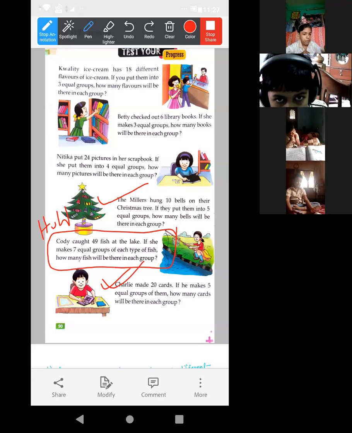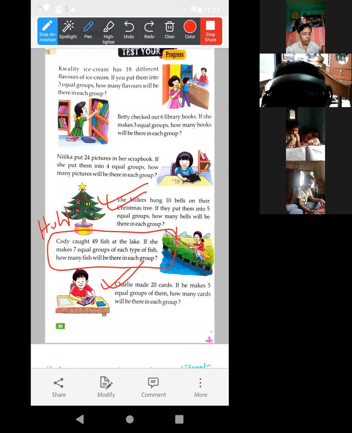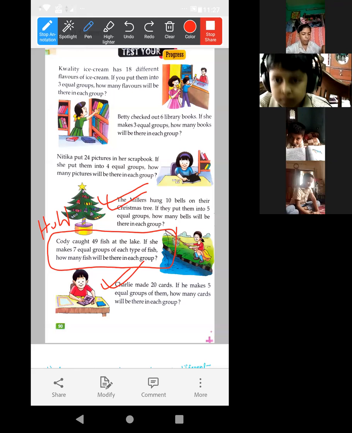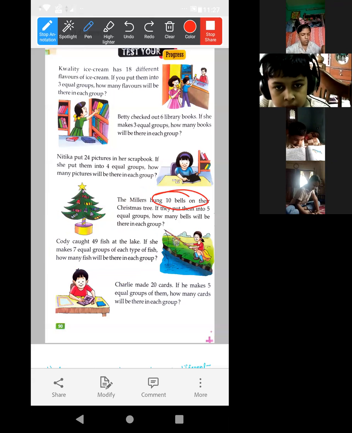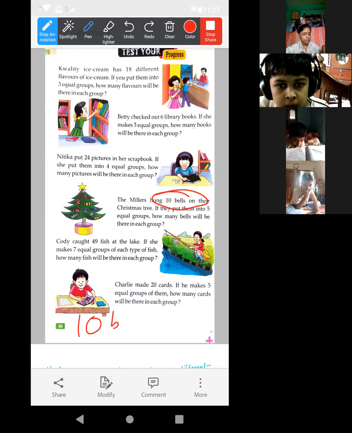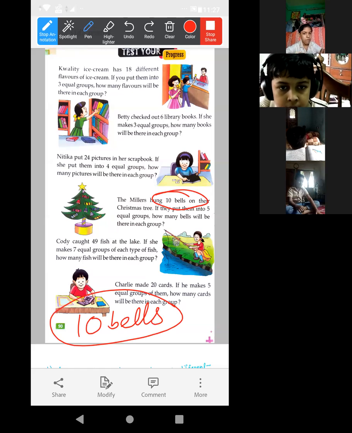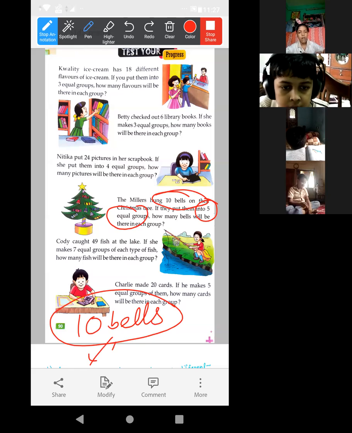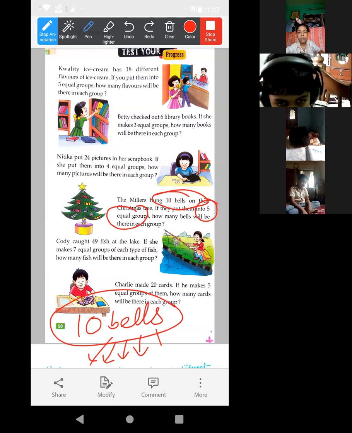Okay, fourth one, have all of you understood? Yes or no? Shake your head, otherwise I will explain again. Look, the miller sang how many bells? 10 jingle bells. 10 bells. And if they put them into 5 equal groups, these bells will be divided into 5 equal groups.